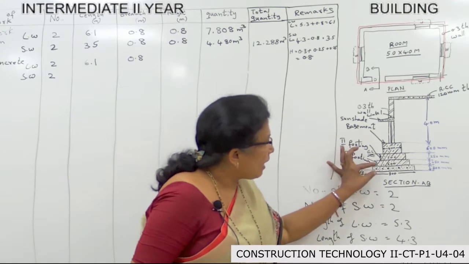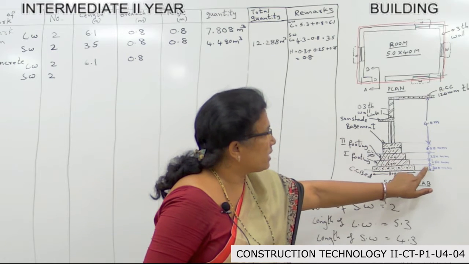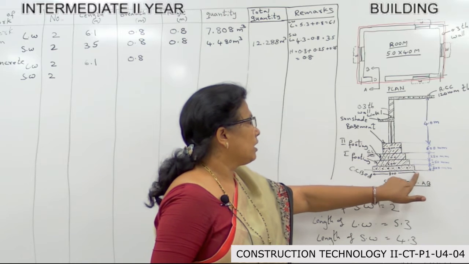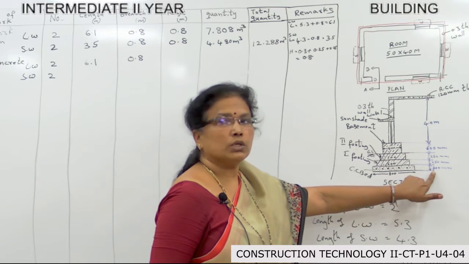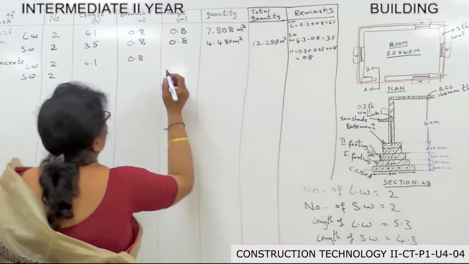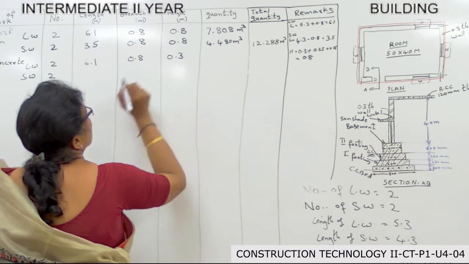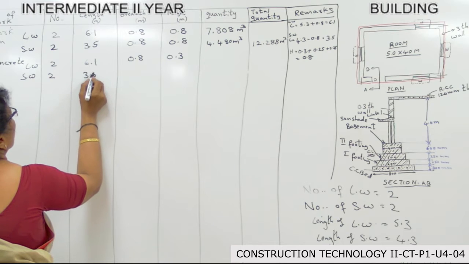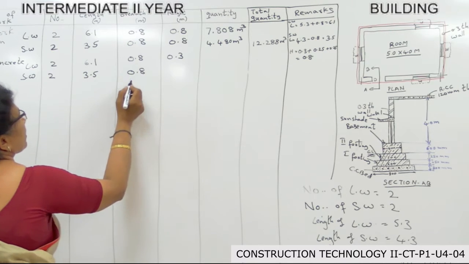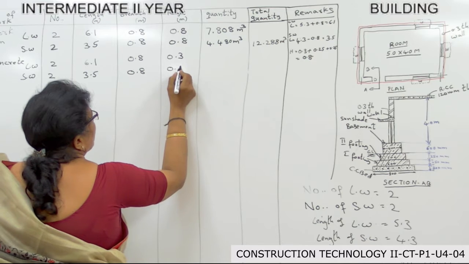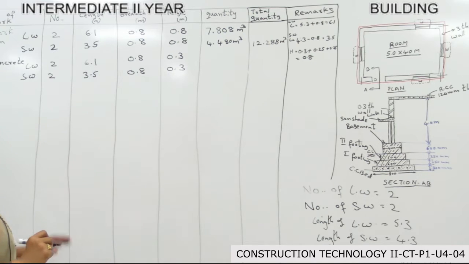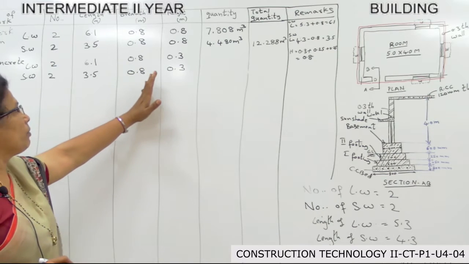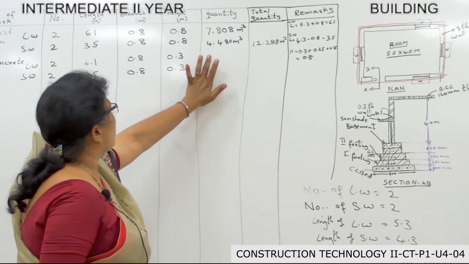Length of the long wall is 6.1 and breadth is 0.10. Height of the CC you have to take from the section. Height of the cement concrete is 0.3. And same for short wall: 3.5, breadth is 0.8 and depth is 0.3.